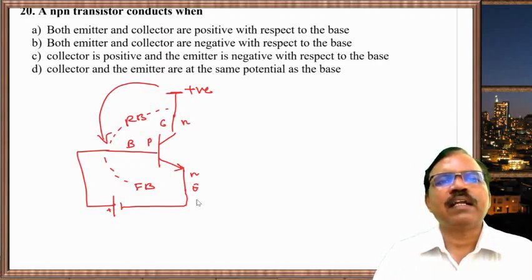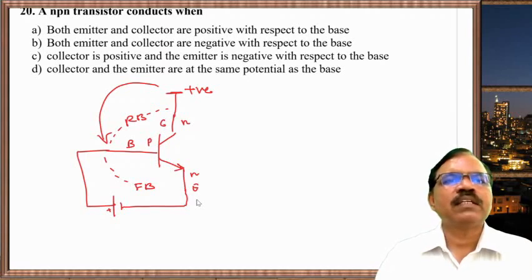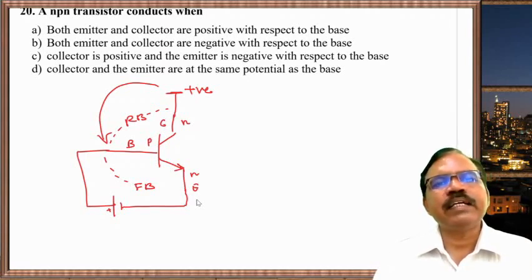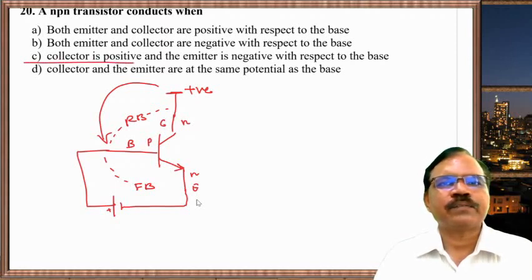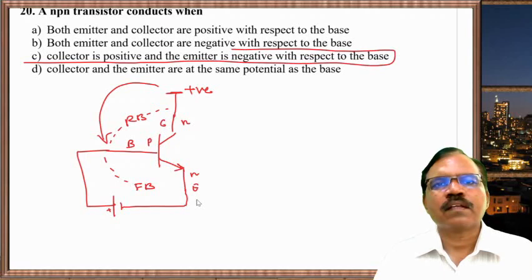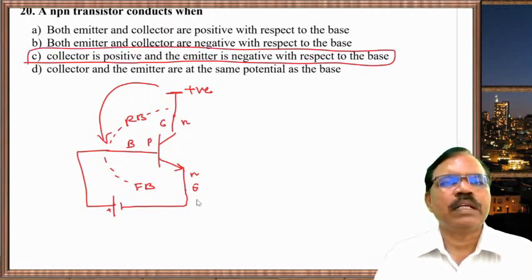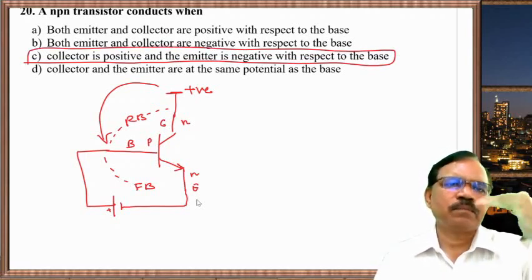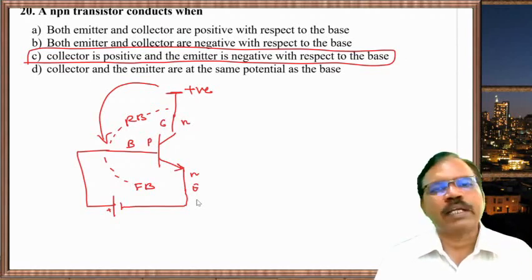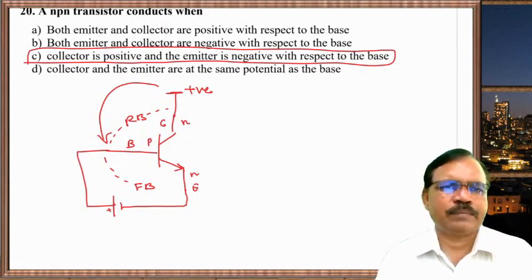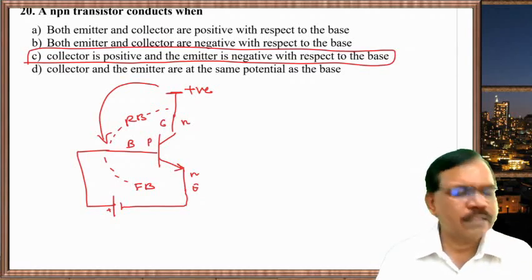The correct option is: collector is positive and emitter is negative with respect to the base. The emitter must be more negative than the base, and the base more negative than the collector. So the collector is at higher potential than the base, and the base is at higher potential than the emitter.